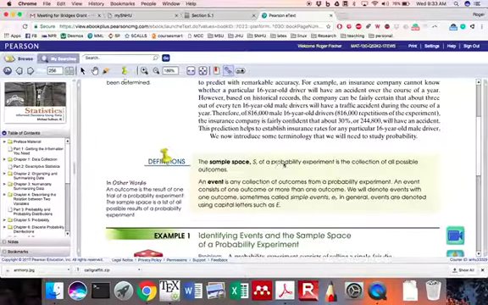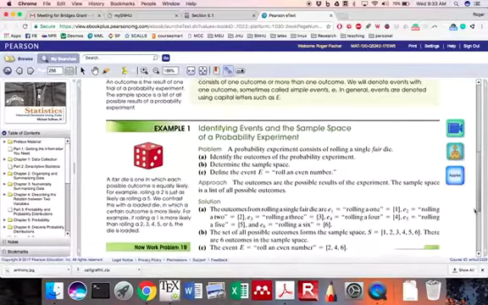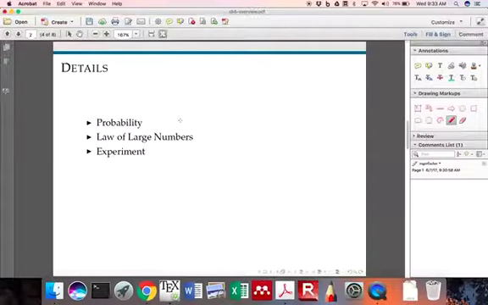Sample space. This is just a collection of all the possible outcomes, and an event is any collection of outcomes from some probability experiment.